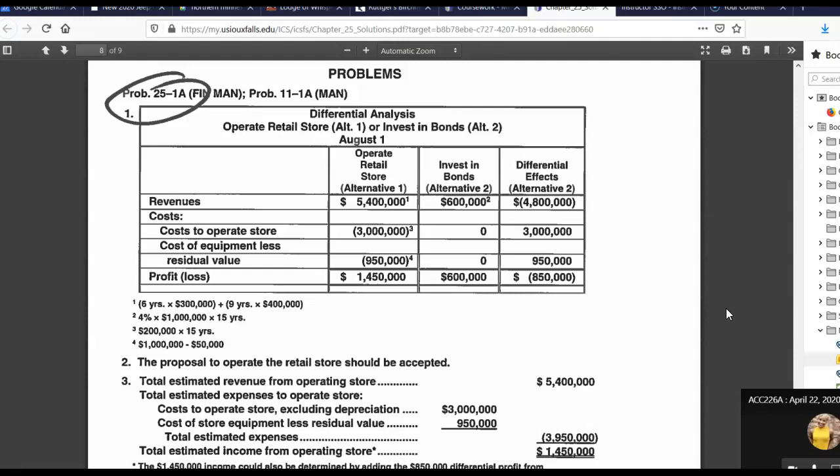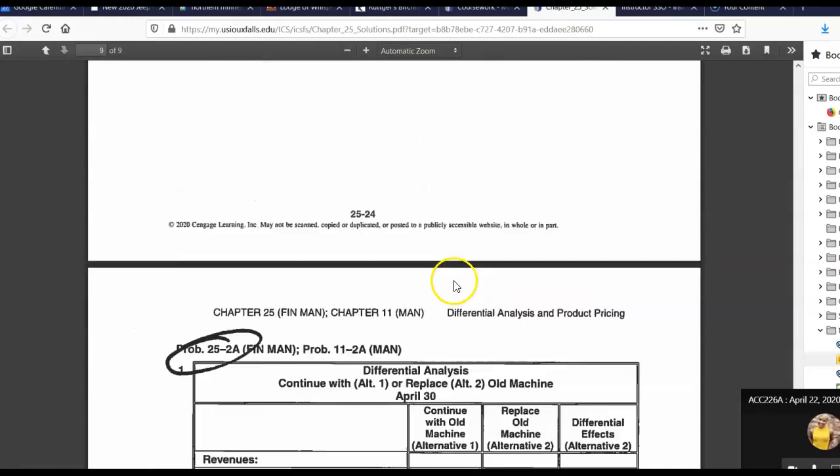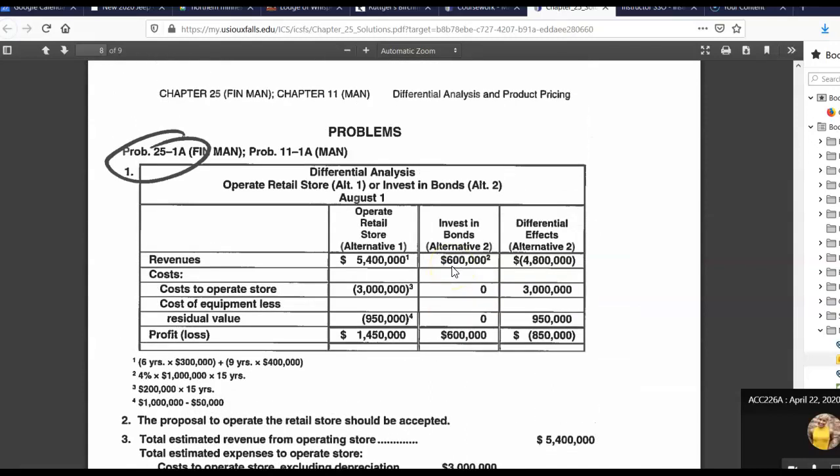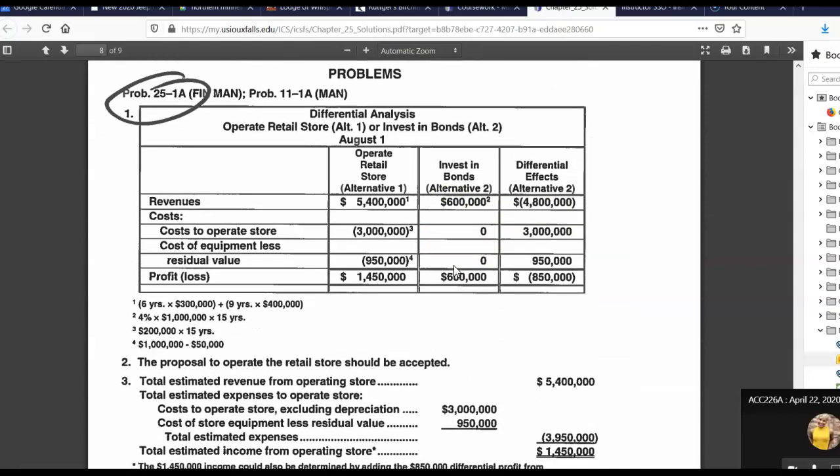Anybody else on problem number 1? Okay. That's exactly right.